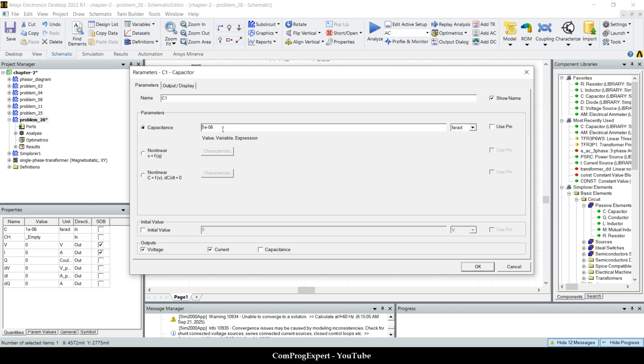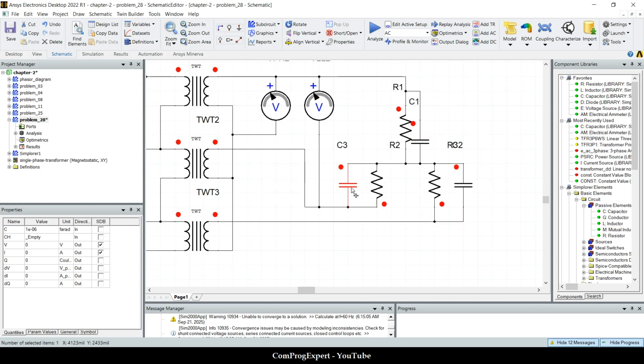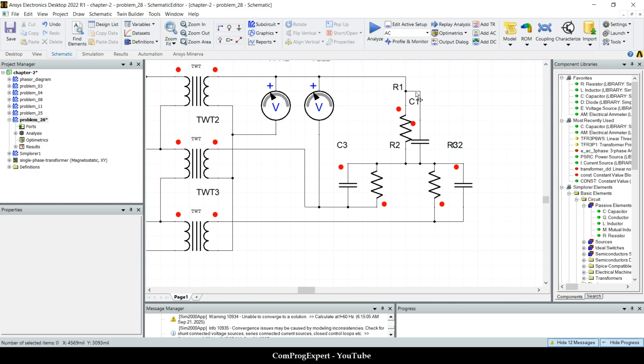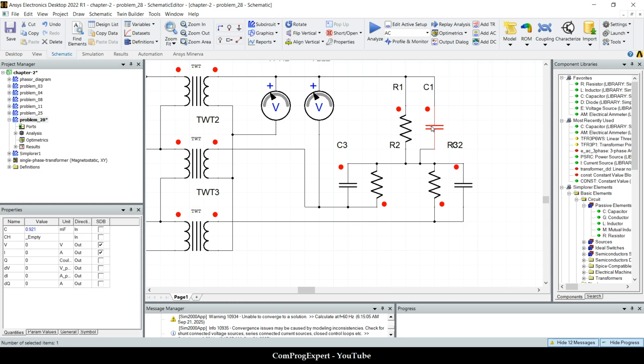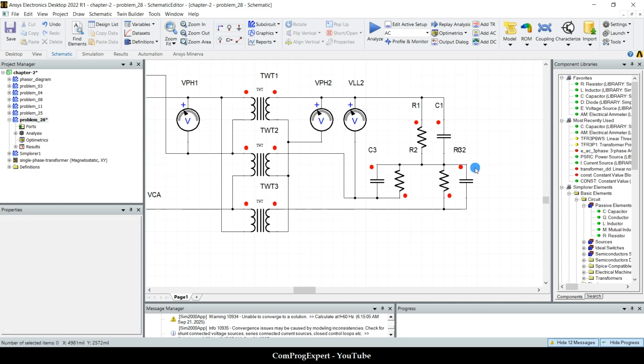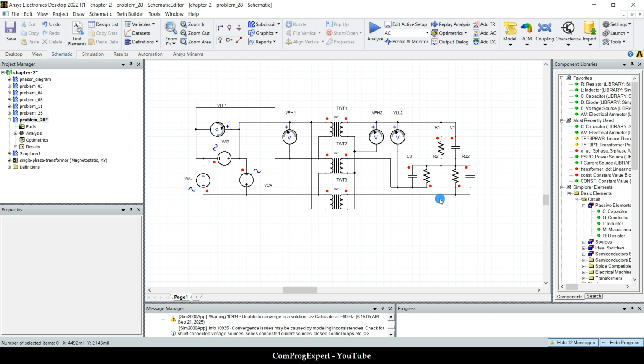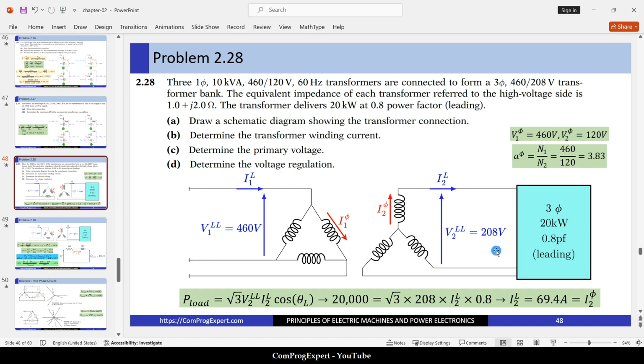The software detects units, and we can adjust numbers based on scales that we have. So now this is the rated power in this case. Let's run the simulation and measure the line-to-line voltage. The value of the line-to-line voltage for the secondary must be 208 because we adjusted the input.